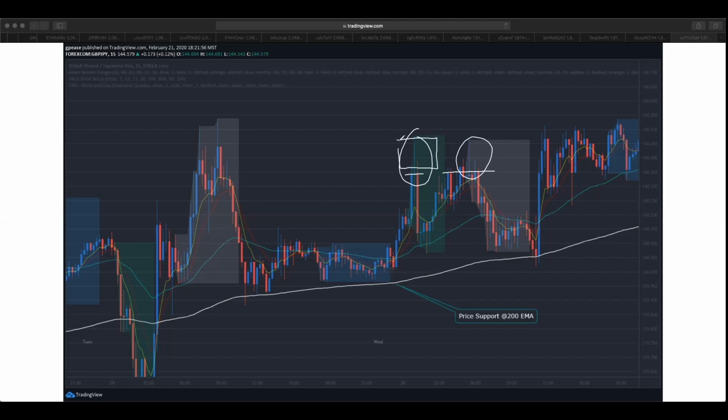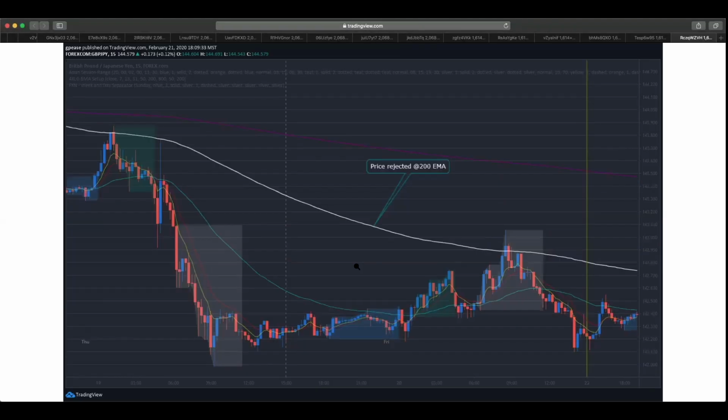How many pips do you think that is up here? 20, maybe 25. Maybe. This is JPY as well. That's crazy. Okay, so this will be a better example down here as a take profit.